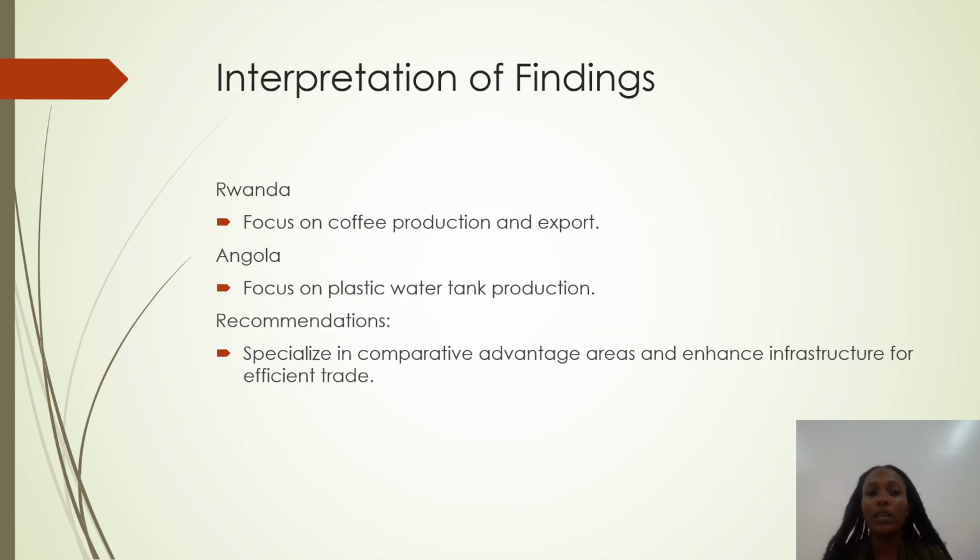So what is the interpretation or the recommendation that we can give the two countries? Rwanda should focus on coffee production because it is where it doesn't allocate many resources, and it is where it can get much profit by exporting, because it is good at producing coffee.